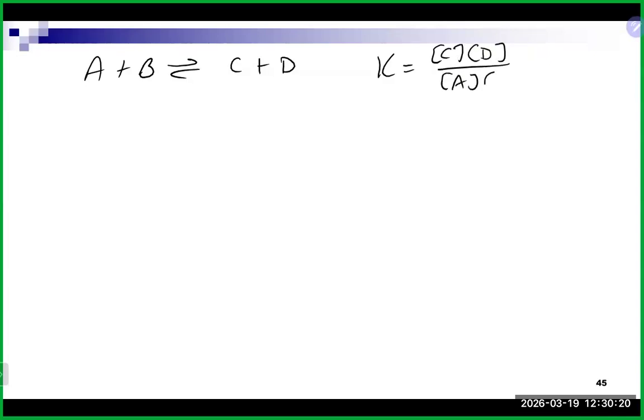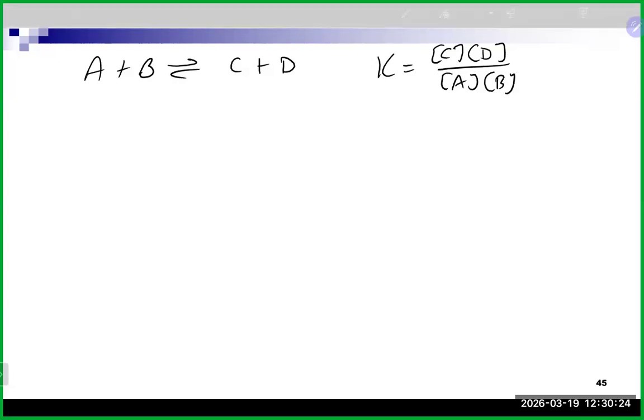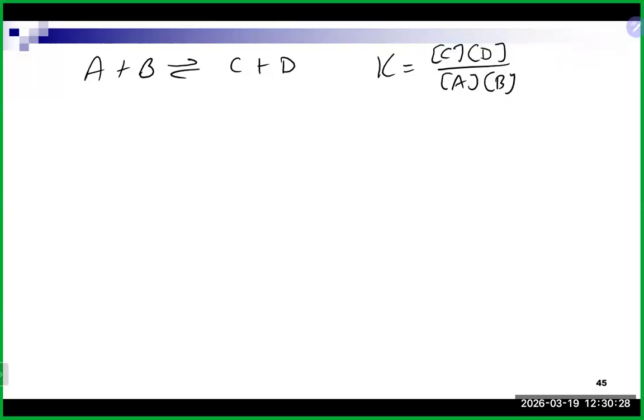A couple other things that you can do is if we had a reaction such as A plus B goes to C plus D, we could write our equilibrium expression once again, C and D divided by A and B. And let's just say, for example, I did not need just 1A, but I needed 2A's. And I was interested in what would happen if I had 2A's.